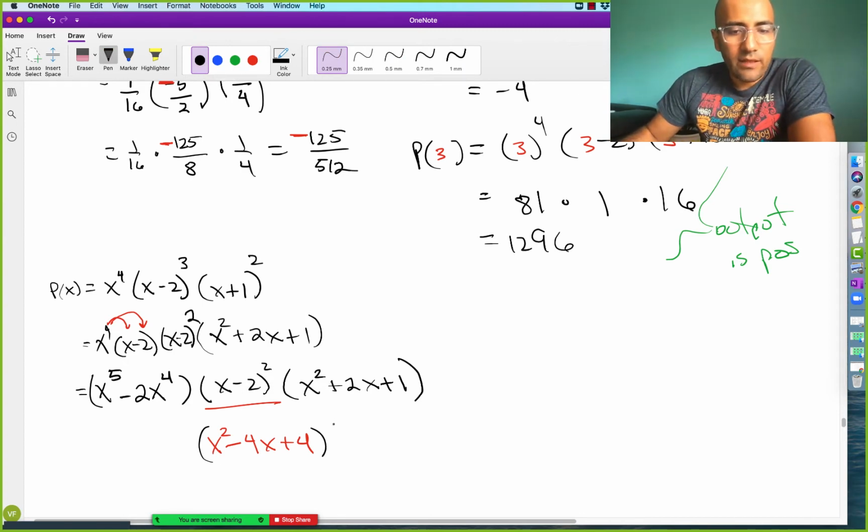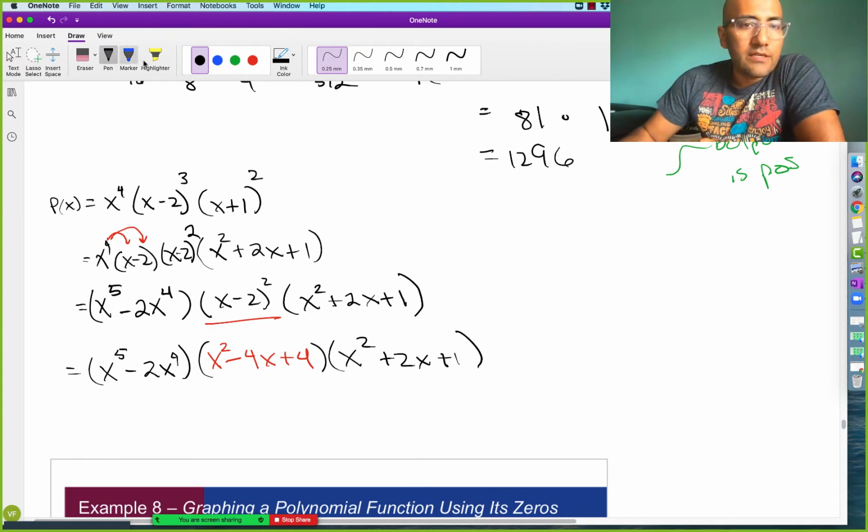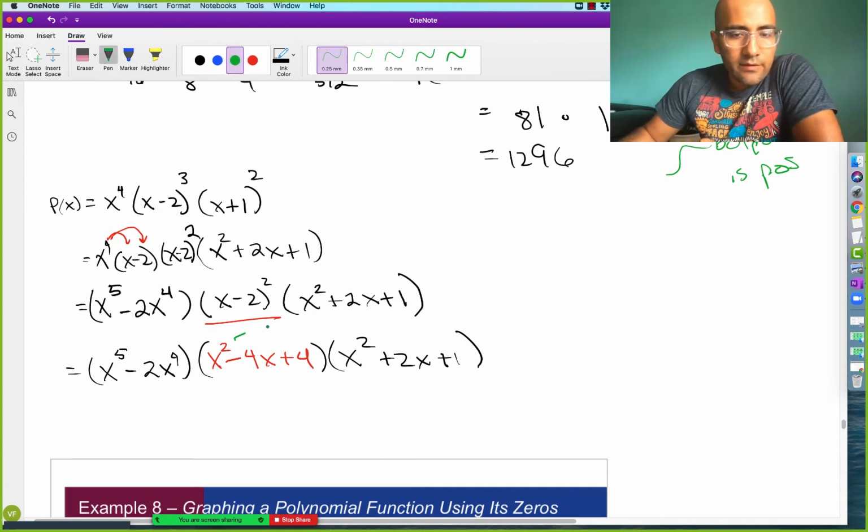Don't worry, we're not going to FOIL out the entire thing. I just want to see what the leading term is. And the leading term only cares about the biggest degree. So we'll end up with these guys. As I begin to FOIL these two out, if I'm just interested in figuring out the biggest term, it's really just going to be this times this.